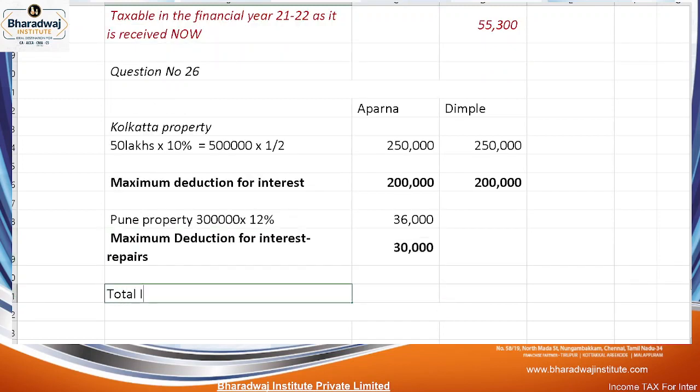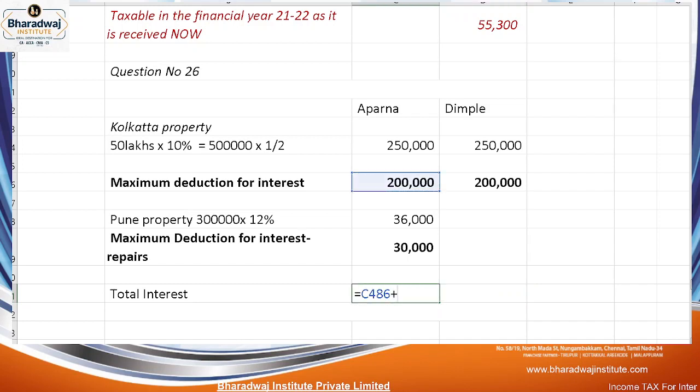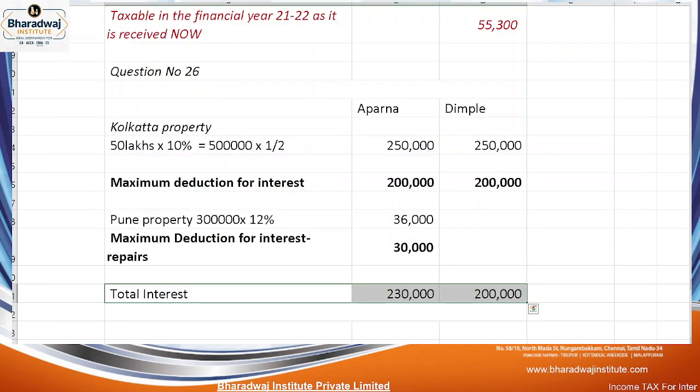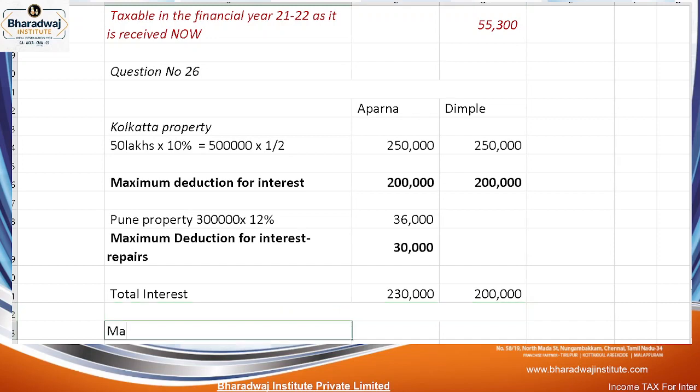So total interest 2,30,000. However, interest cannot exceed 2 lakhs.